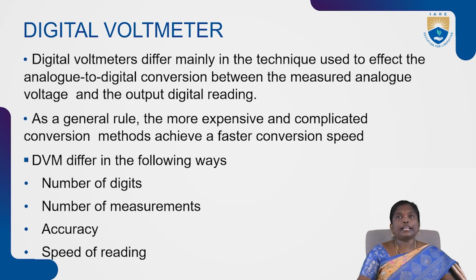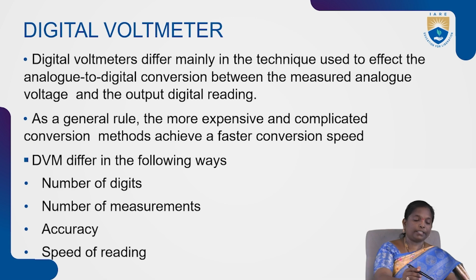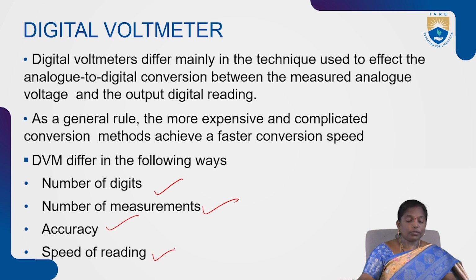We have different types of digital voltmeters, and the construction of each is different from the remaining ones. We can distinguish one digital voltmeter from another by these four parameters: the number of digits, number of measurements, accuracy, and speed of reading.